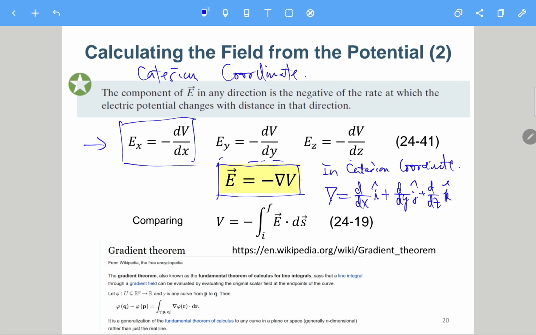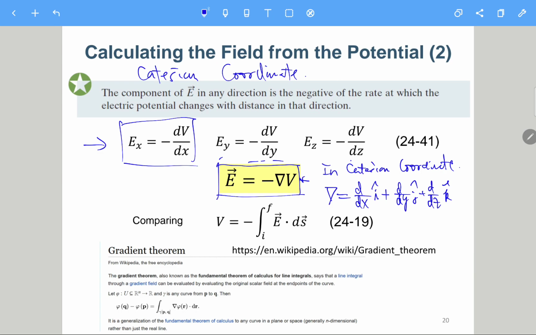So actually V is a scalar field. You can evaluate the electric potential over the whole space. V is a scalar field, E is a vector field.